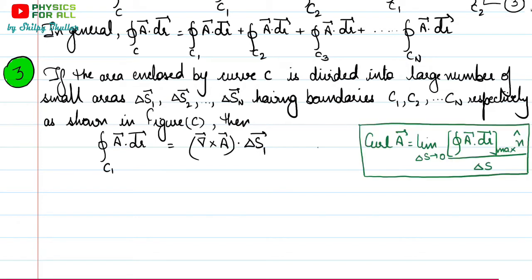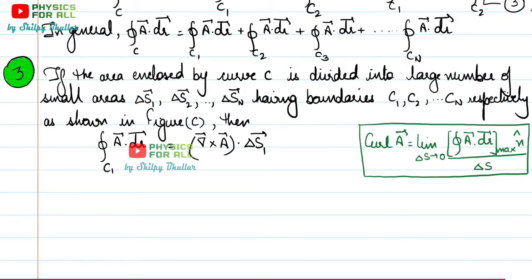When we did the curl of a vector function and understood its physical significance, we studied that mathematically, the curl of a vector function is equal to the line integral over the closed curve which encloses a particular surface S, per unit area. And the area that we are considering is really very small.